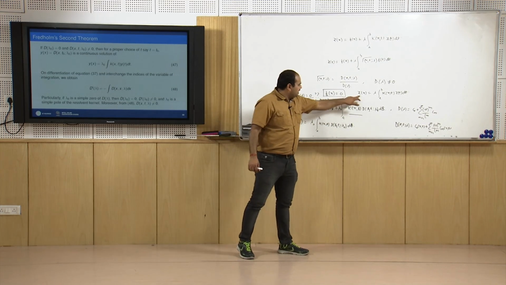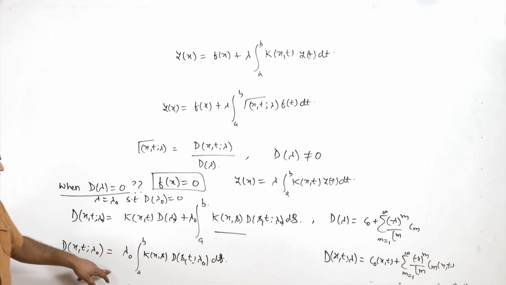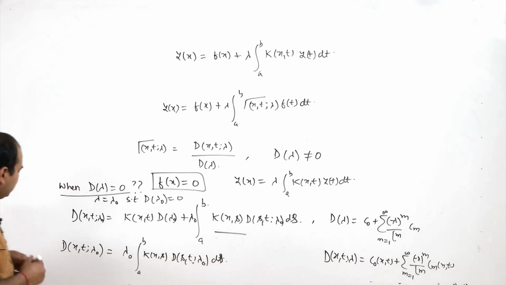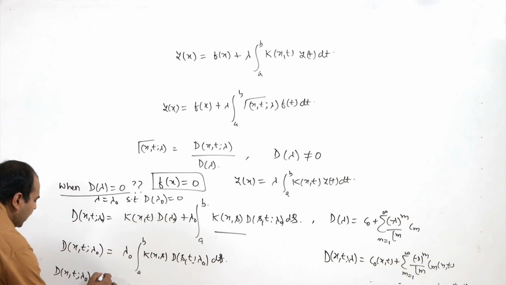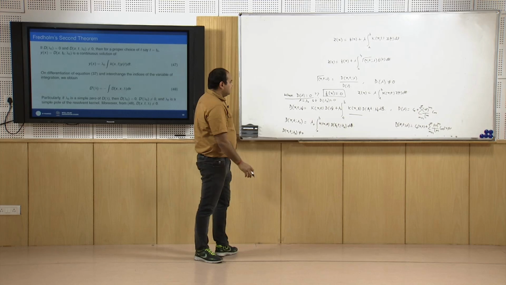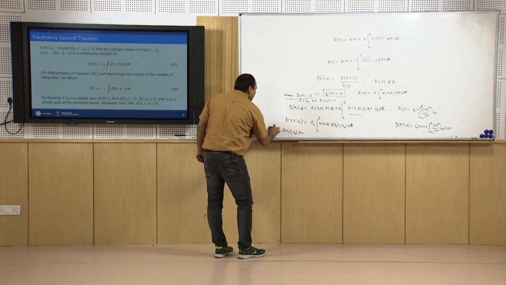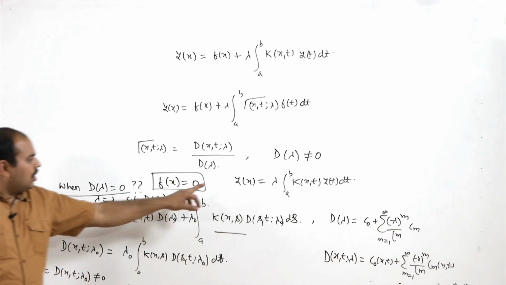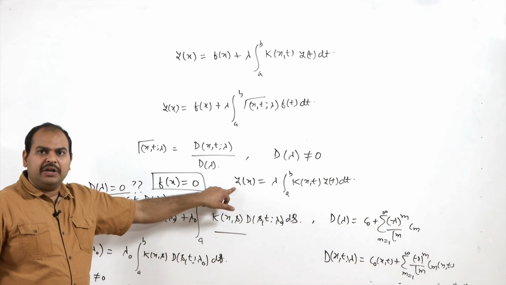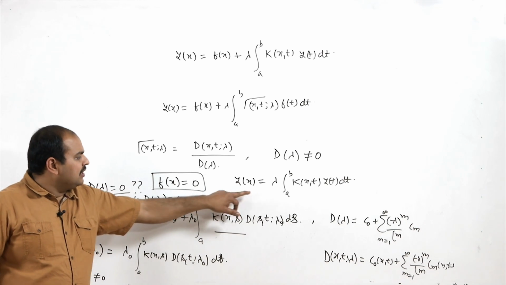If we compare these two equations, you can see that if I assume D of x, t, lambda naught is identically non-zero, not equal to 0, then I can assume that y of x equal to D of x, t, lambda naught is a solution of this particular equation for every value of t in the interval a to b.